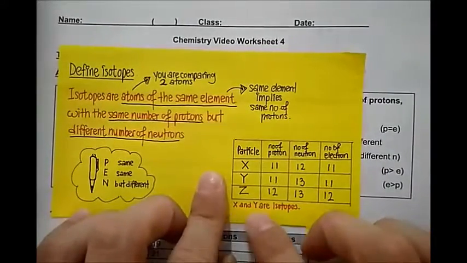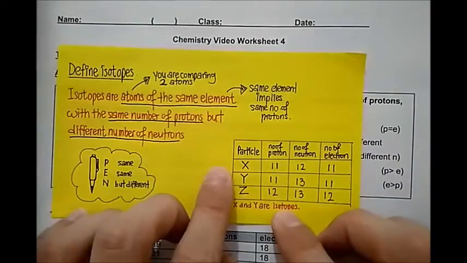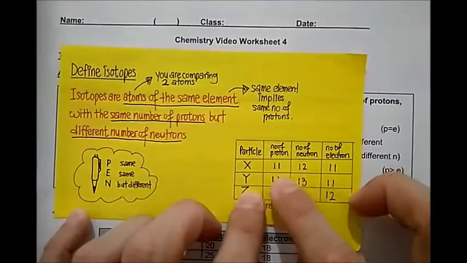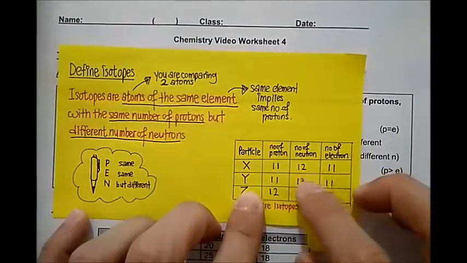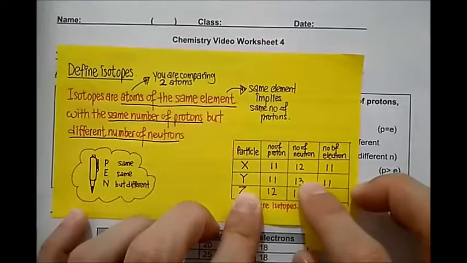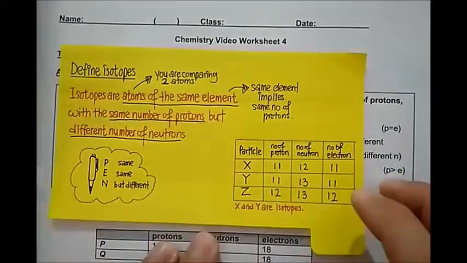Now, how are X and Y isotopes of each other? They have the same number of protons, however, the number of neutrons is different. So this is the definition of isotopes.